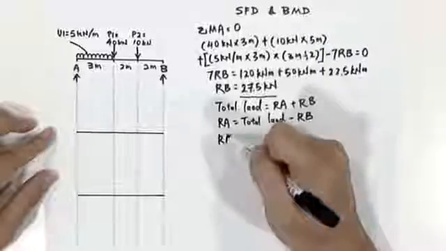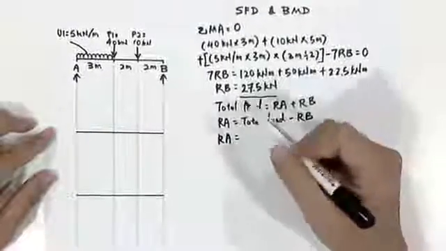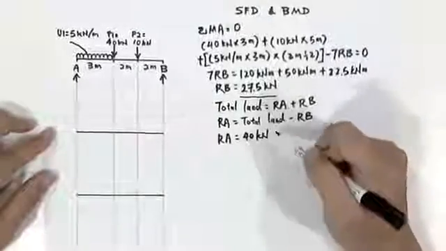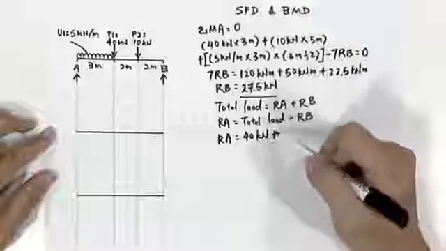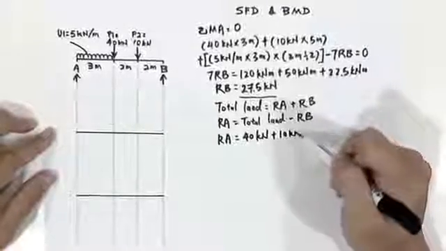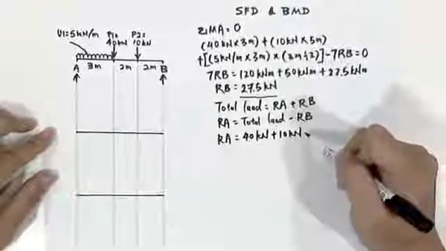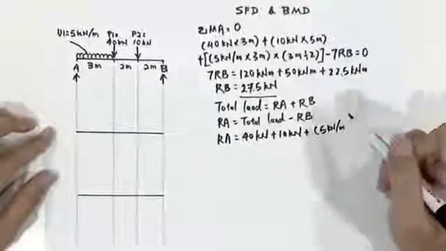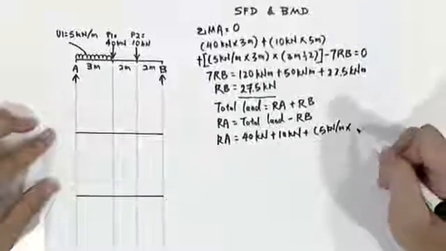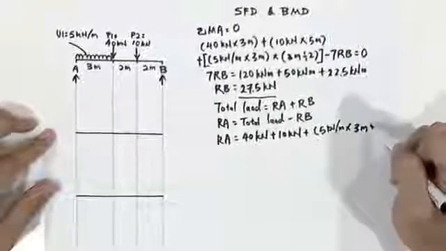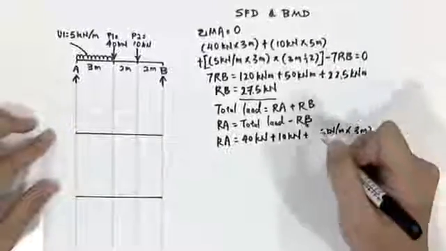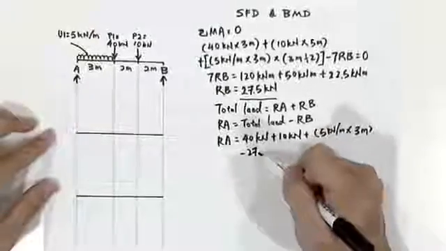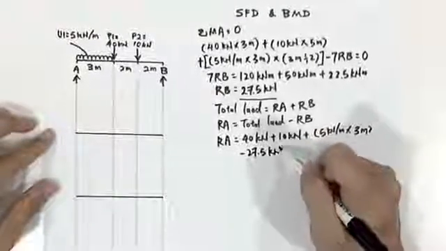Therefore we have RA equals to first load 40 kilonewton plus 10 kilonewton plus 5 kilonewton per meter times 3 meter. And then we have to minus RB, which is 27.5 kilonewton.